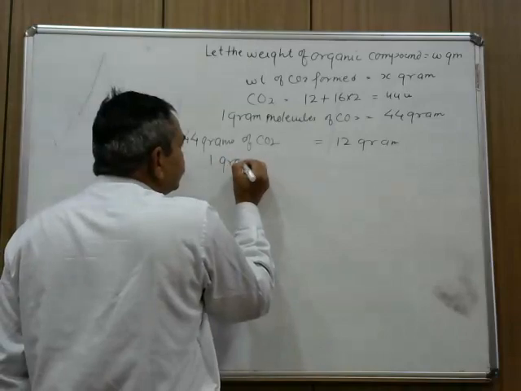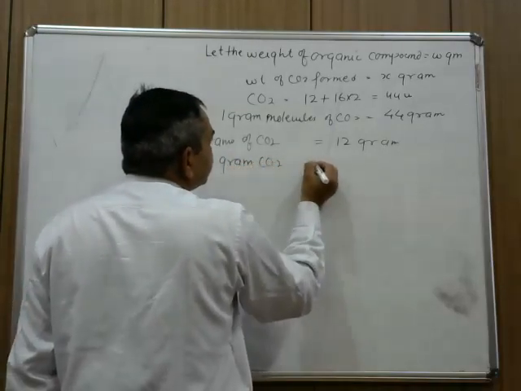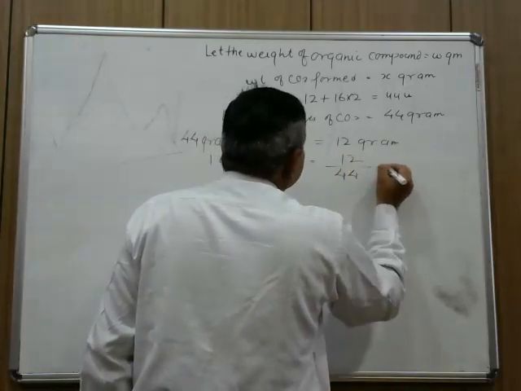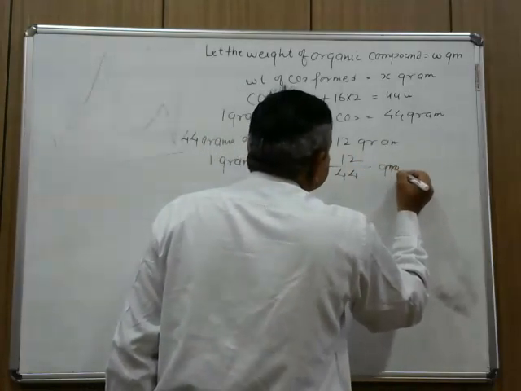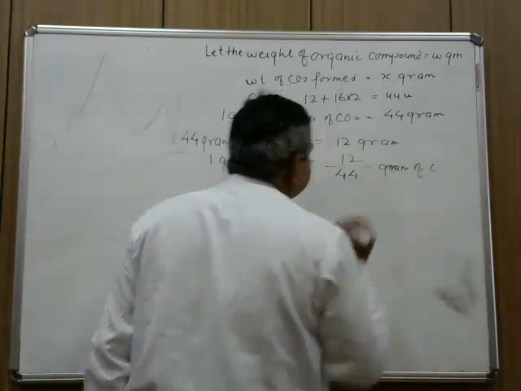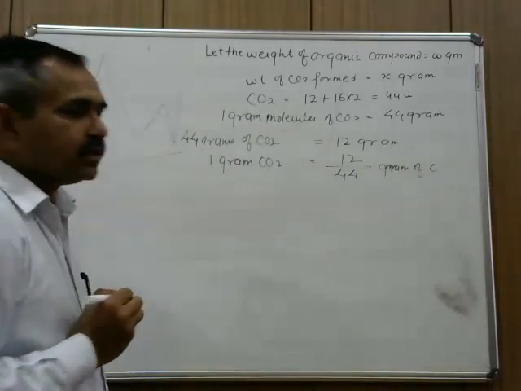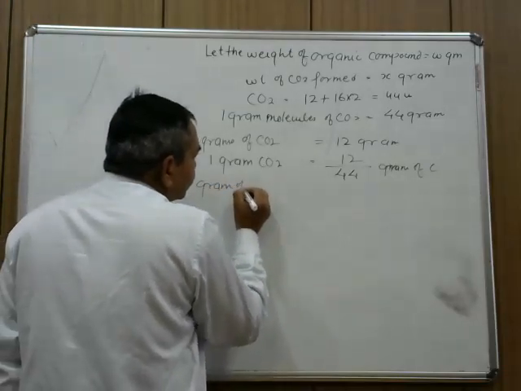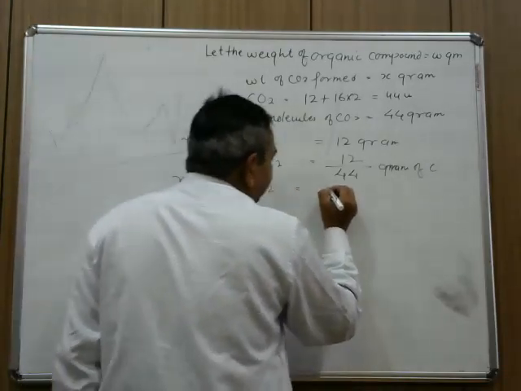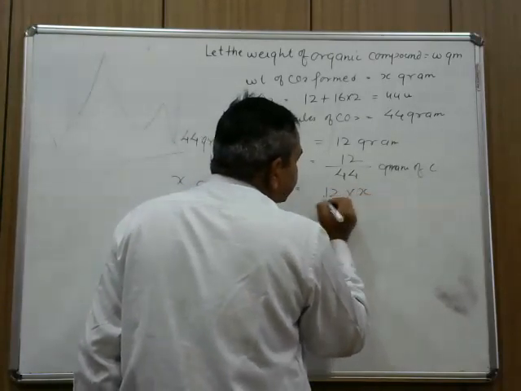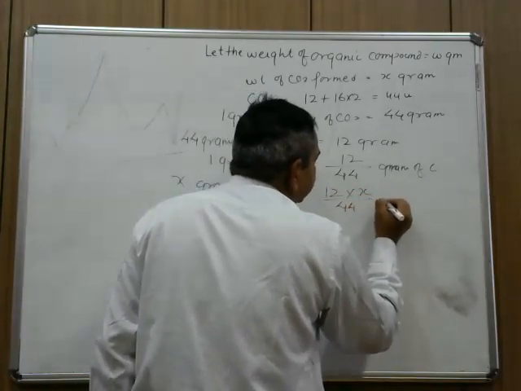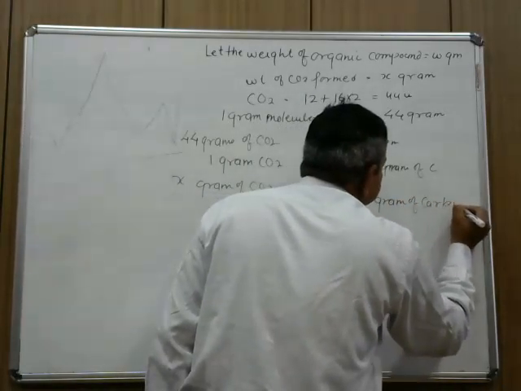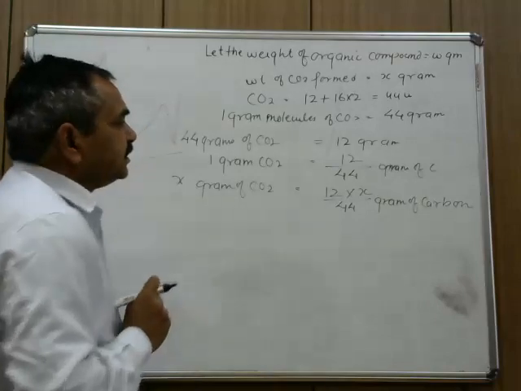So 1 gram CO2 will have 12 upon 44 grams of carbon. So x gram of CO2 will have 12 into x upon 44 grams of carbon.